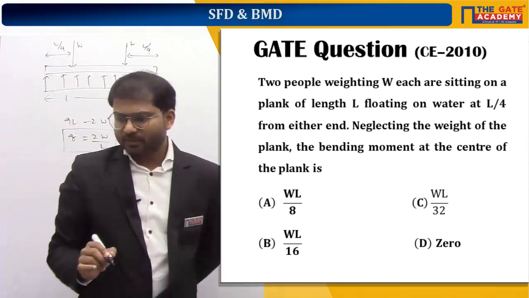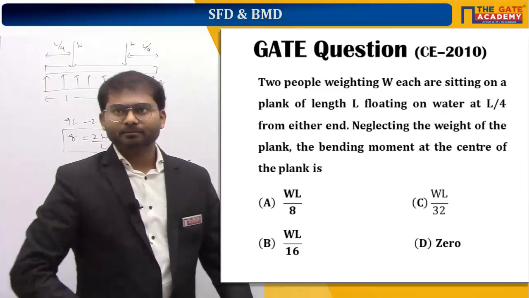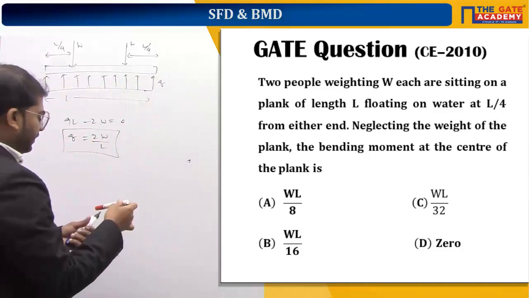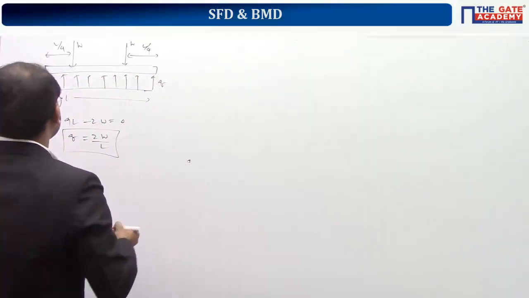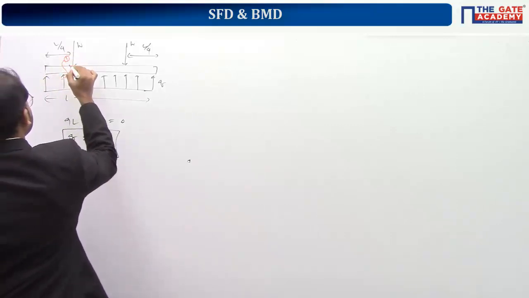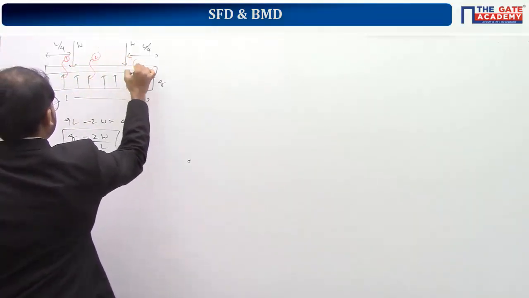So in this question they are asking the bending moment at the center of the plank. For this one, if you would like to draw the bending moment diagram, you should ideally do 3 cuts. First cut, second cut and third cut.